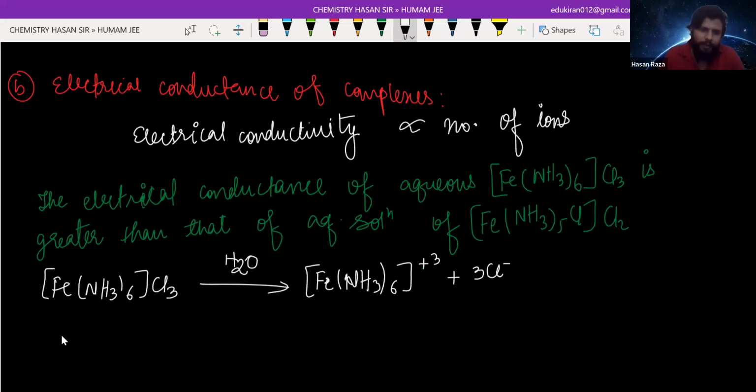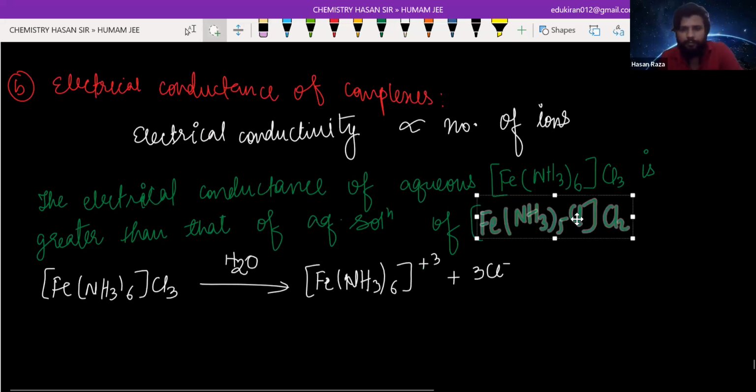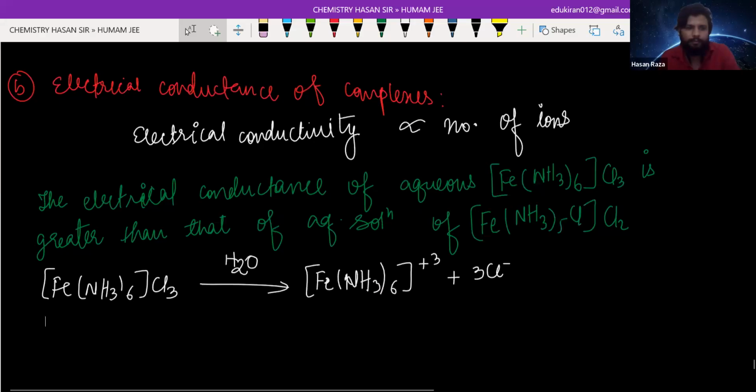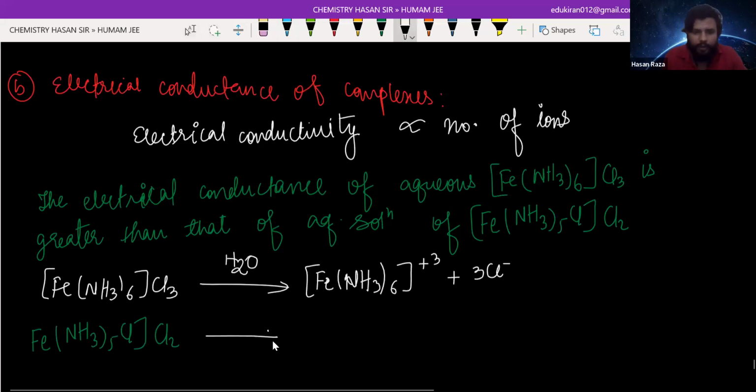And if you are going for the next one, now if you are going to add water in this, what will happen?